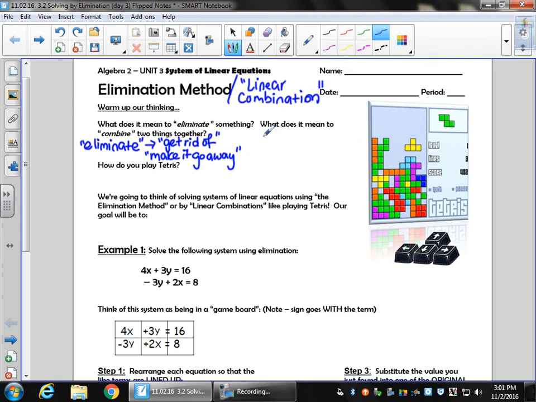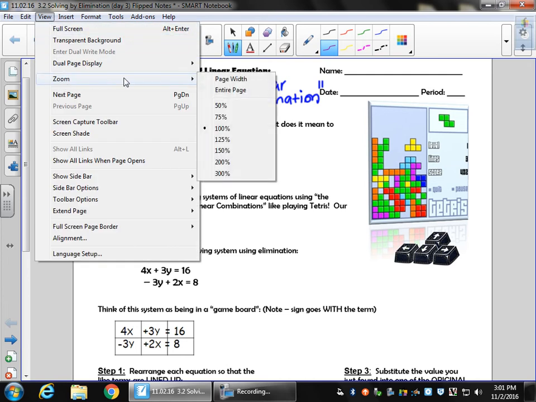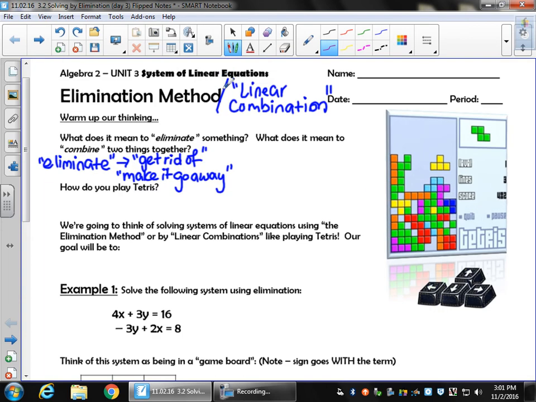And the second question is, what does it mean to combine two things together? To combine is to put things together.